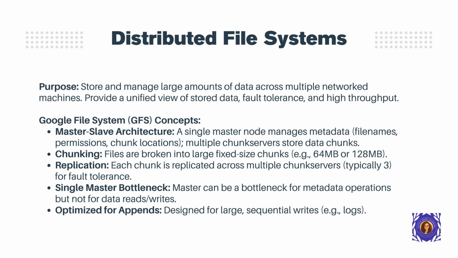Google File System, GFS, uses a master-slave architecture. A single master node manages all metadata, while chunk servers store the actual data in large, replicated chunks, for example, 64 megabytes or 128 megabytes. GFS prioritizes large, sequential writes.